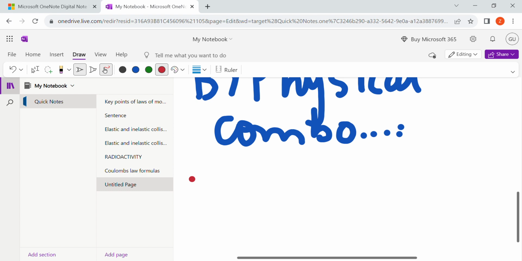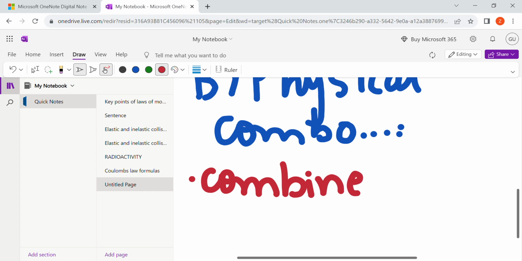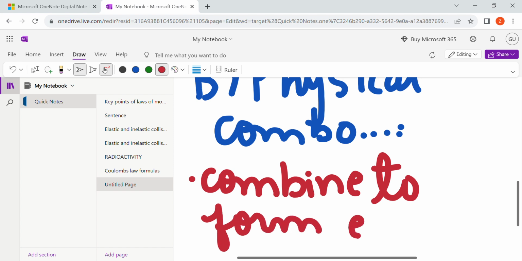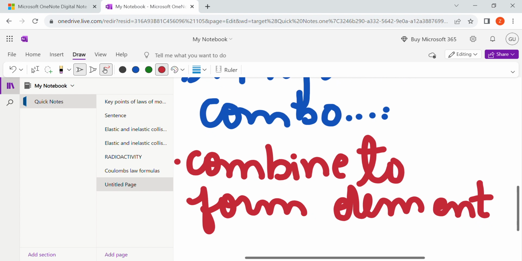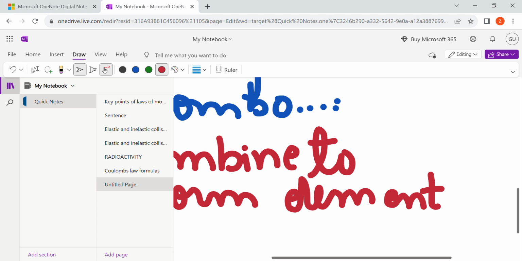Atoms physically combine to form elements. Right? What are elements? Elements basically means two same atoms are combining to form an element. Alright?